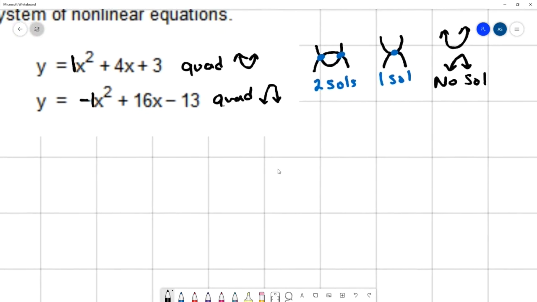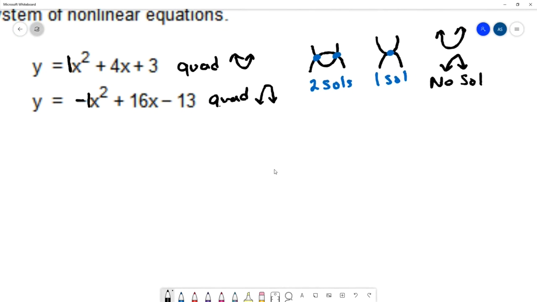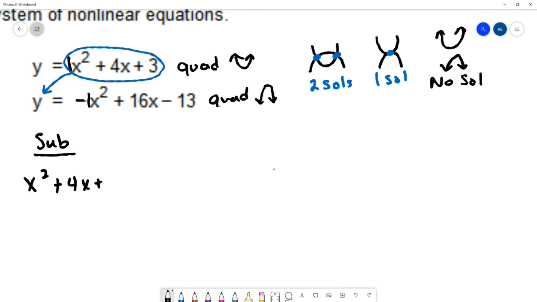Now let's see how we would solve this with the substitution method. Now, if we solve it with the substitution method, we have already one variable solved for, and we can substitute into the other. When we substitute into the other, we would get the equation x squared plus 4x plus 3 equals negative x squared plus 16x minus 13.